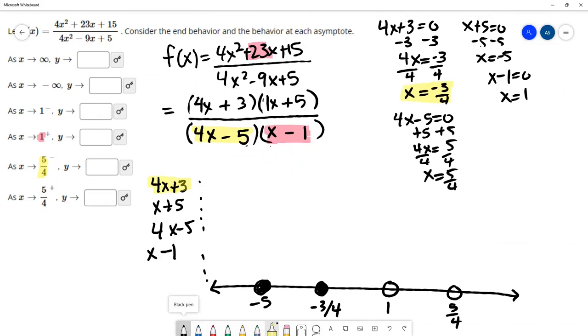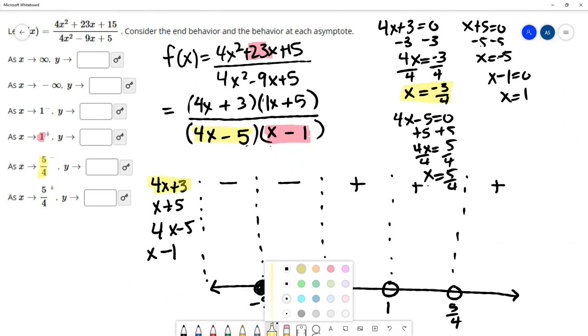So if I draw on each one of these zeros and intercepts, I'm going to draw a vertical line, and it's going to change that factor. It's going to be negative before that 0 and positive after that 0. So then we have a factor of x plus 5, and it's going to change signs over its 0 of negative 5.